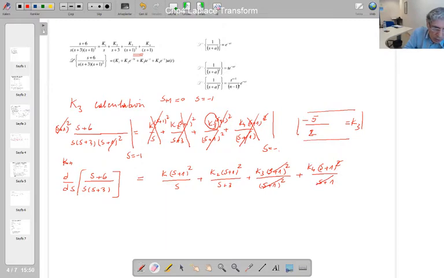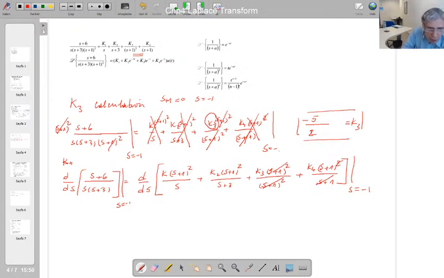Similarly, the right hand side is equal to d over ds, and then replace s with minus 1. So what happens now, right hand side first. When you take the derivative and then replace s with minus 1, this term is going to disappear.